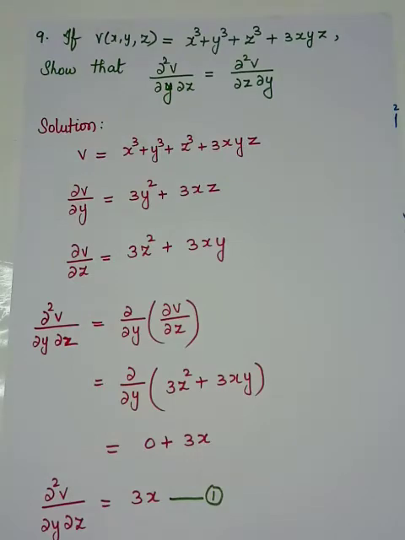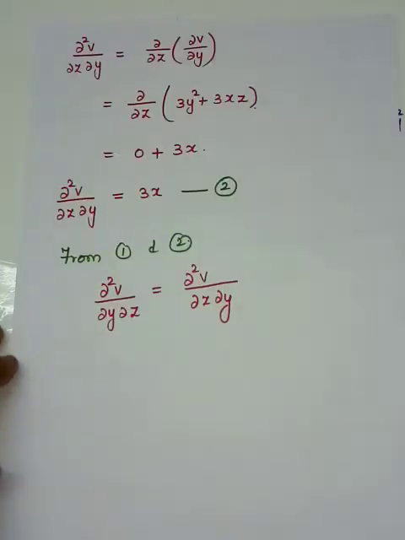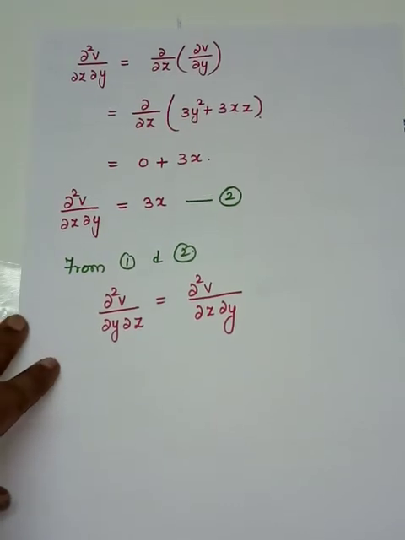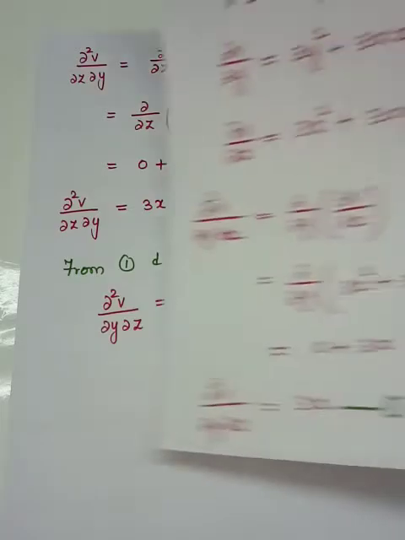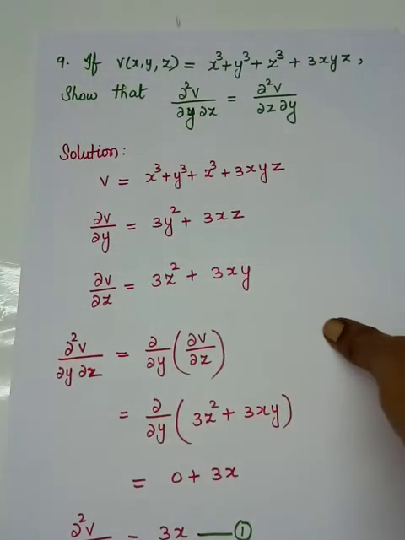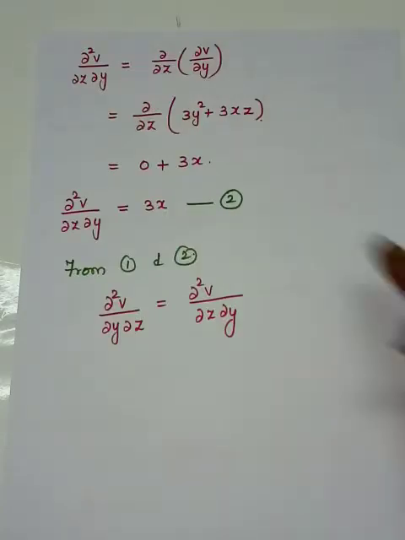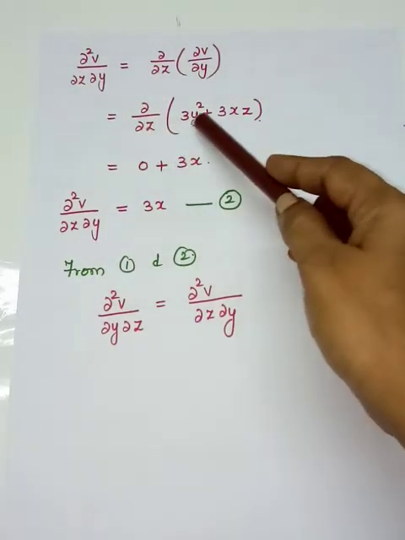Next, what is asked? ∂²v/∂z∂y. So how will it be written? ∂/∂z of ∂v/∂y. What is ∂v/∂y? We have found at the first step 3y² + 3xz. You see that. It has to be differentiated partially with respect to z. Look at the first term.